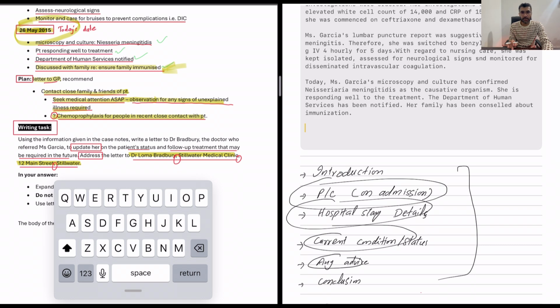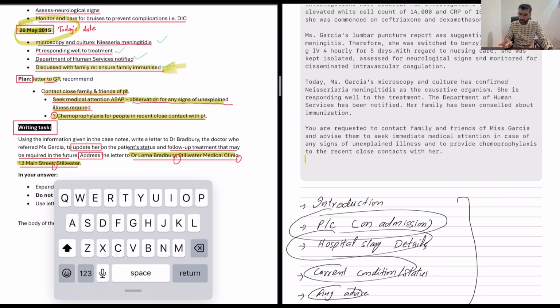Let me show you. You are requested to contact family and friends of Ms. Garcia, and advise them to seek immediate medical attention in case of any signs of unexplained illness and to provide chemoprophylaxis to the recent close contacts with her.